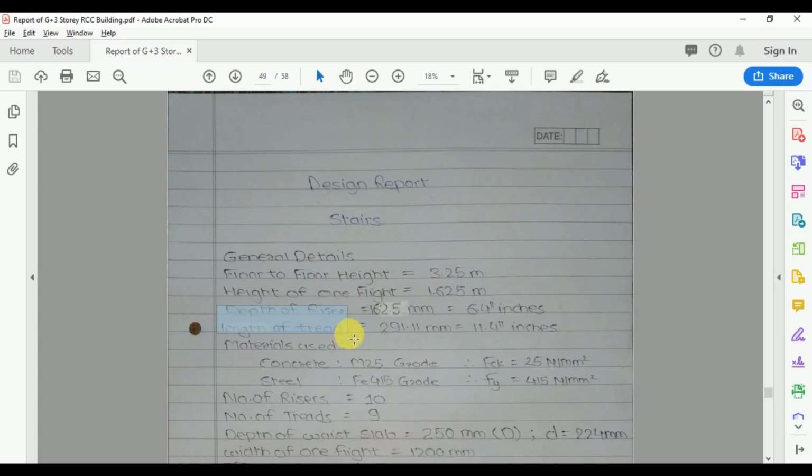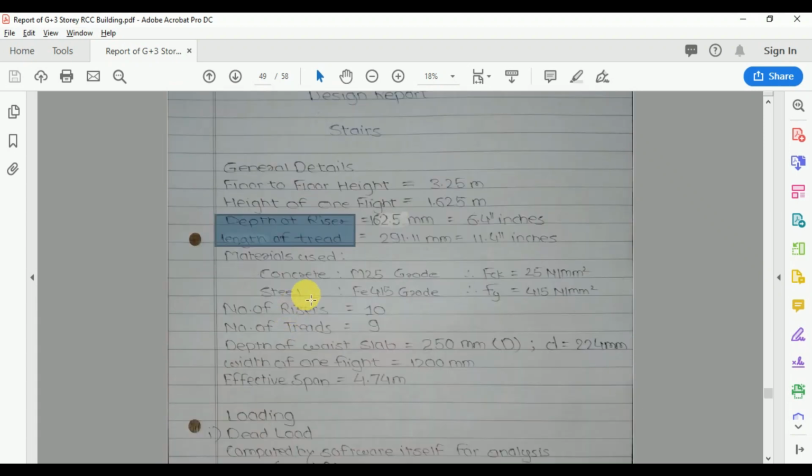The depth of riser and the length of tread, as we calculated in our earlier videos on architectural planning, are 162.5 mm and 291.11 mm, which in inches are 6.4 inches and 11.4 inches respectively. We use concrete of M25 grade and steel of Fe415 grade.